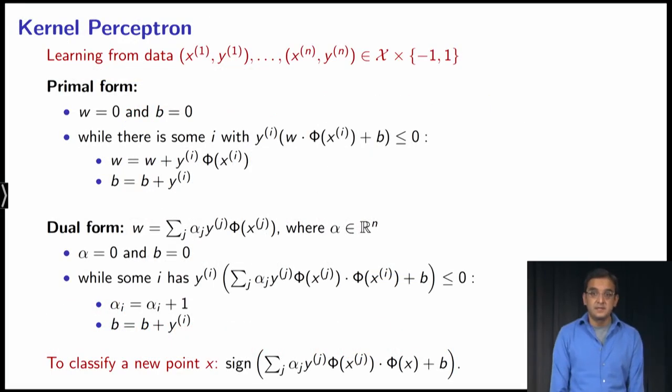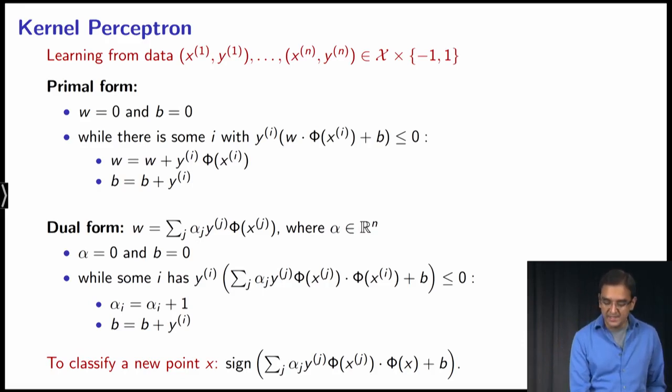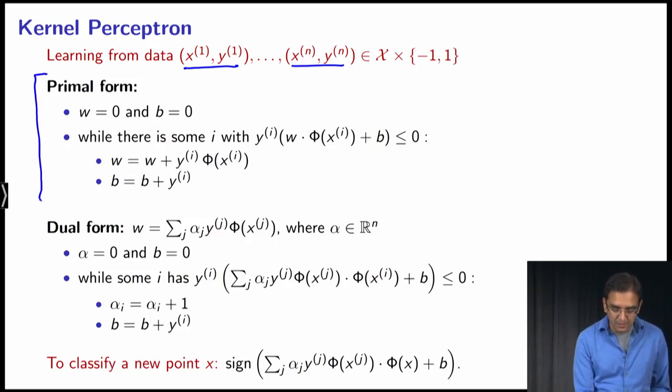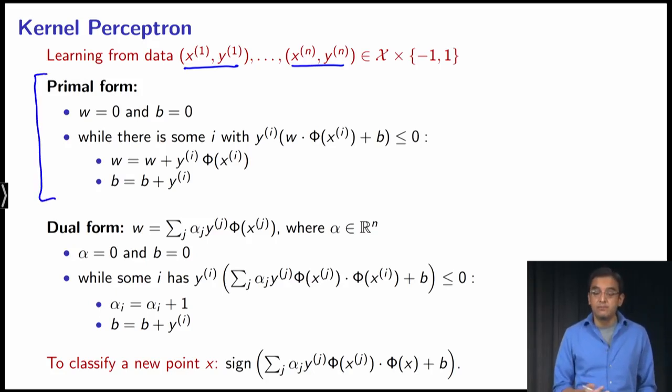So here is the kernel perceptron algorithm in two different forms, a primal form and a dual form. The setup is we have a data set, x1, y1 through xn, yn. In the primal form, which is the form that we use with basis expansion, we're working with w and these expanded representations phi.